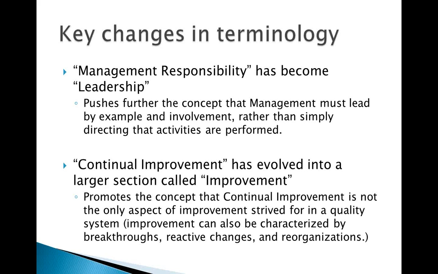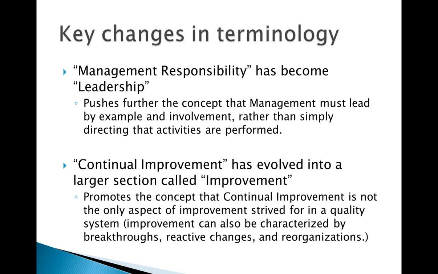Continual improvement as a section, as an idea, it's become part of a larger section simply called improvement. Now, the idea here is that continual improvement is certainly important, but it is by no means the only way that improvement can be realized within a quality system.